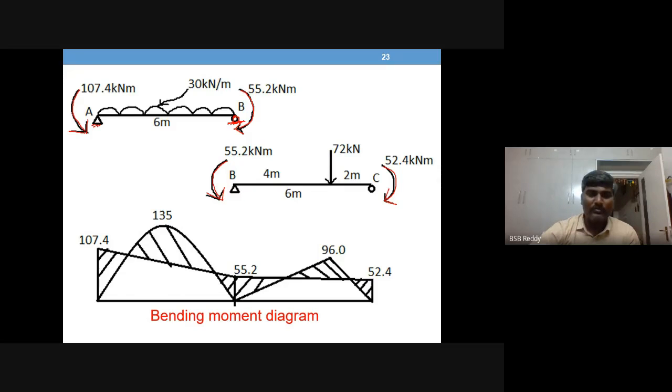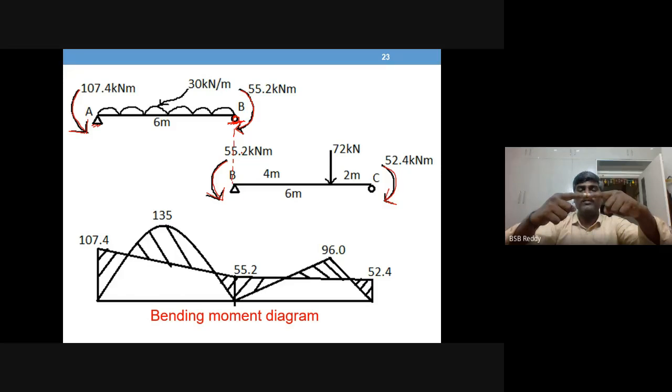Remember, you have to draw the support B one below the other. If you join those two, the minus 55.2 and plus 55.2 get cancelled, and you are going to join the beam again.